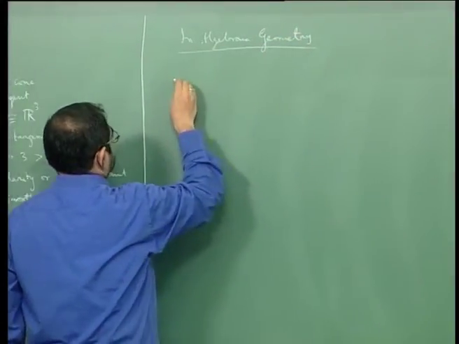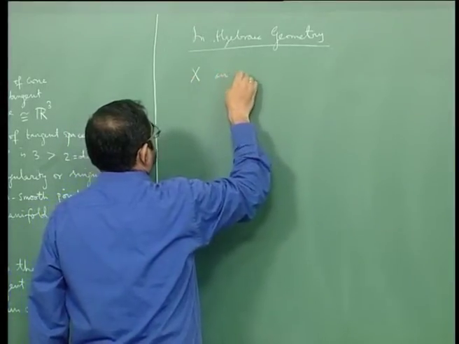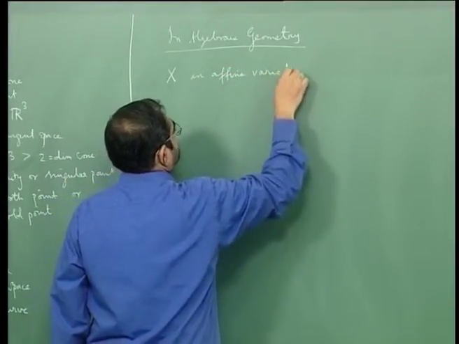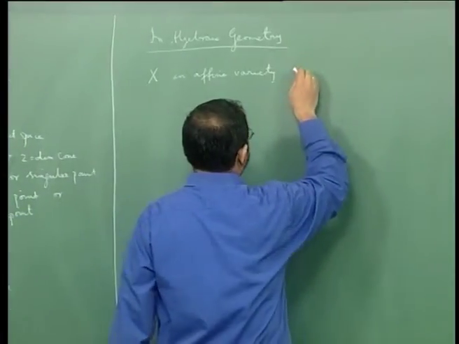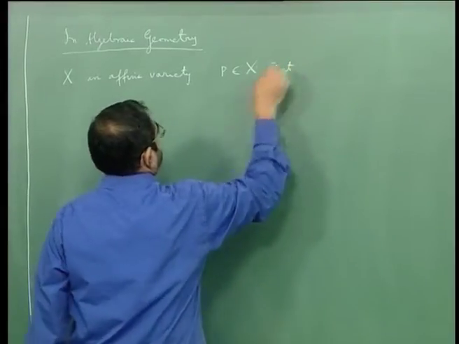What you do is that you take X to be an affine variety, okay, let X be an affine variety, P a point of X, okay.